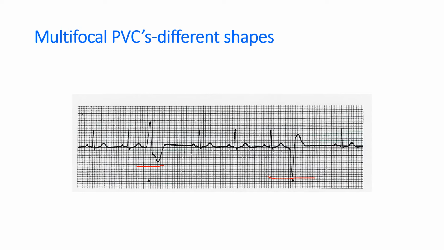So multifocal PVCs, sometimes called multiform, or PVCs with different morphology or shape, the different shapes or deflections indicate that the beats are originating from different sites in the ventricle, thus indicating more widespread area of increased automaticity and a greater risk for VTach or V-fib. So multifocal PVCs are worse than just having unifocal PVCs, where they would just be coming from one spot in the ventricles that is increased automaticity.